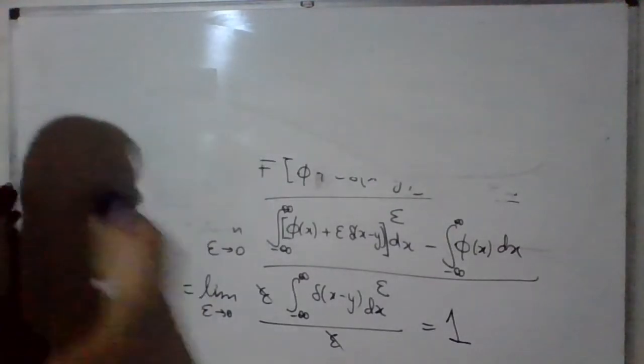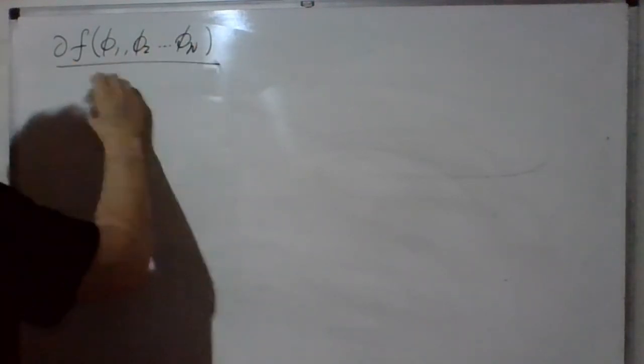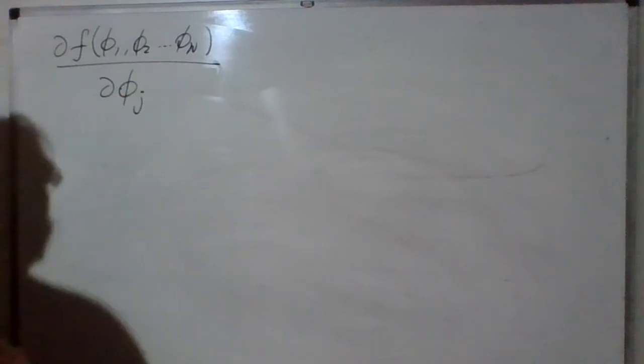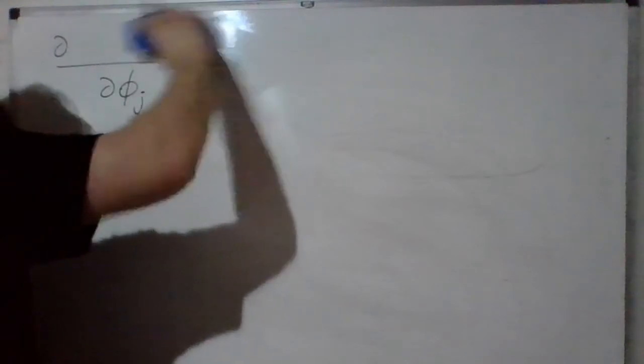So we have an interesting analogy here. If you're calculating df of phi 1, phi 2, and so on to phi n over d phi j, okay, and this function is, let me write it this way, phi i here.